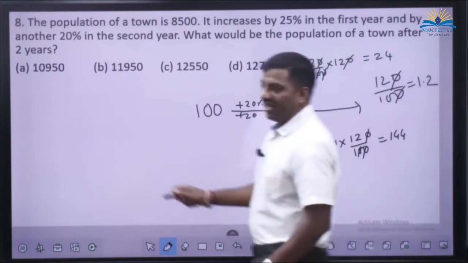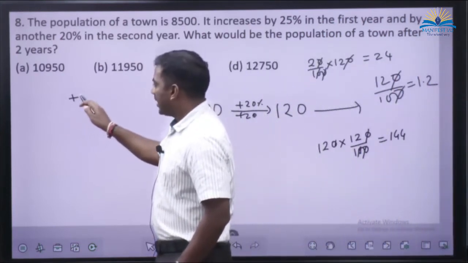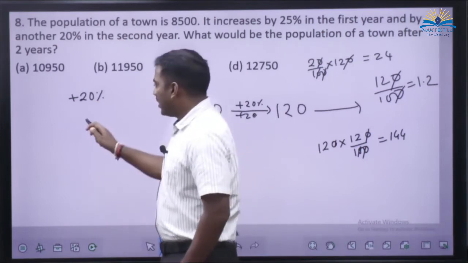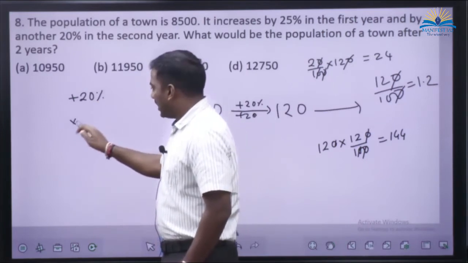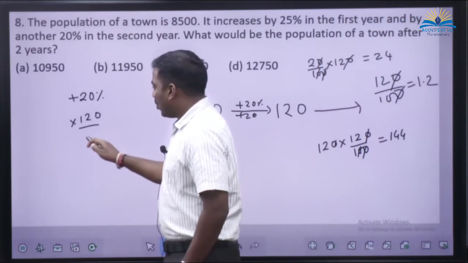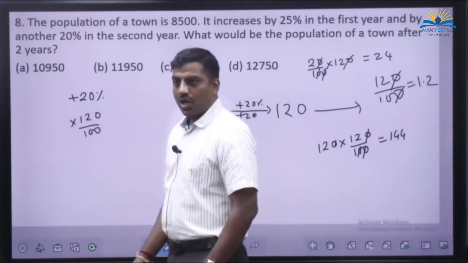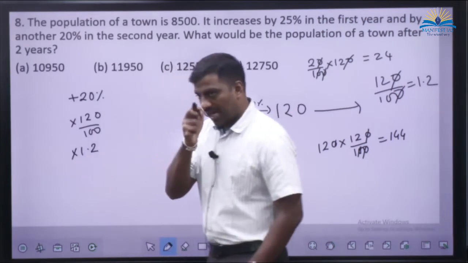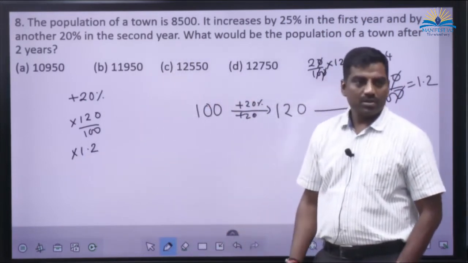See, whenever you are adding 20%, you can directly multiply by 120 by 100, or you can directly multiply by 1.2. Are you getting my point? Yes?